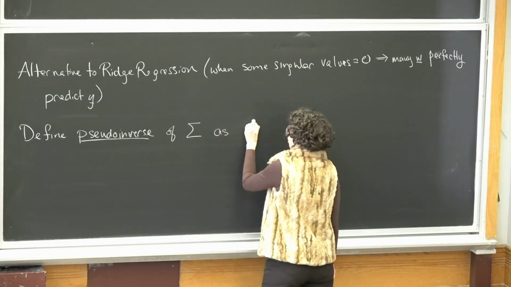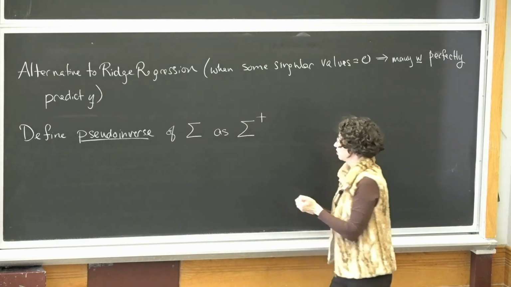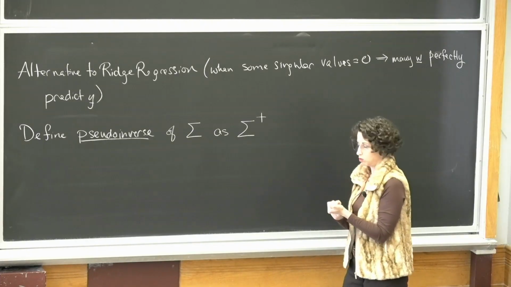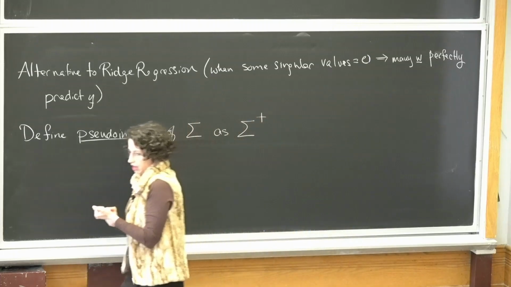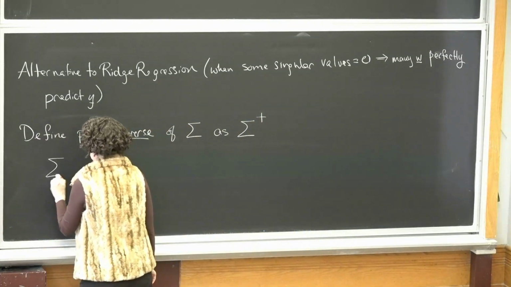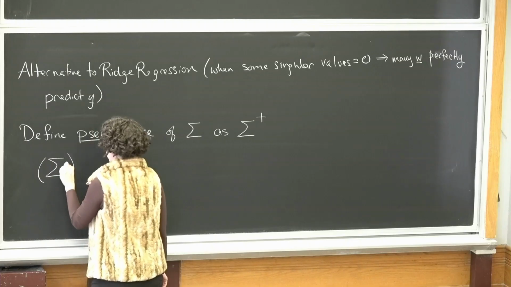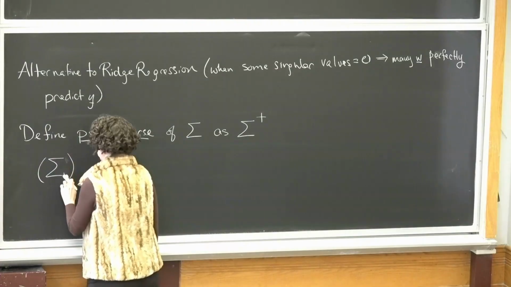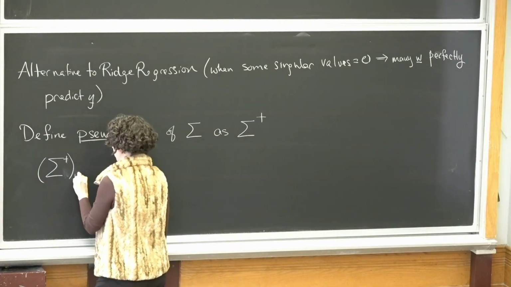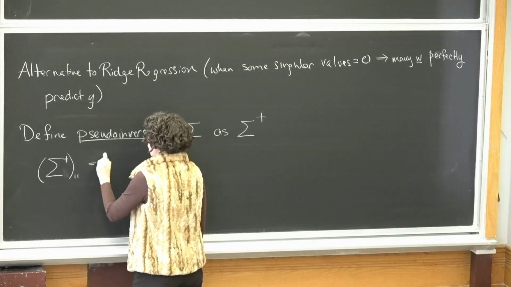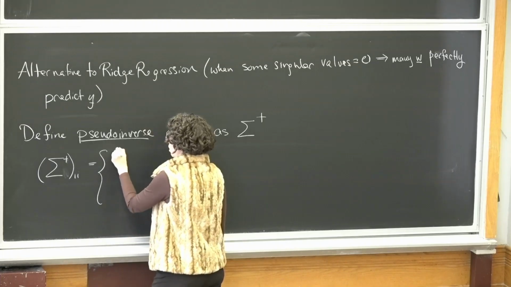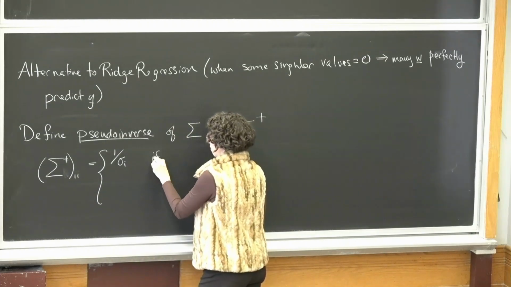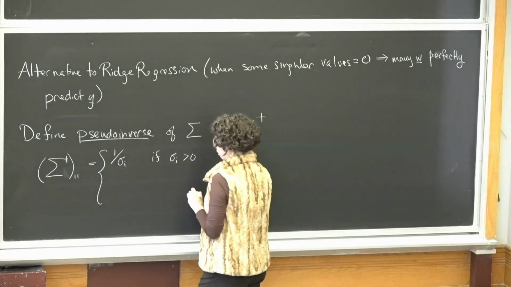And we're going to denote that as sigma with a plus sign superscript. So this is not transpose, this is pseudo-inverse. And if we look at one of the diagonal entries of that pseudo-inverse, I compute the pseudo-inverse, and then I look at the diagonal entry. Then it is going to be 1 over the original singular value if that singular value is greater than 0.